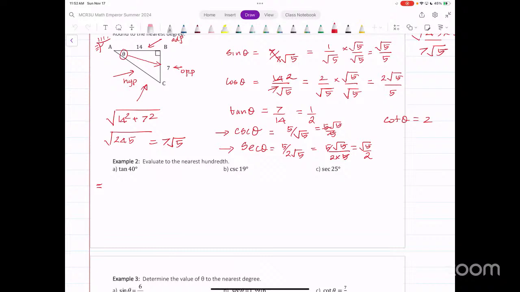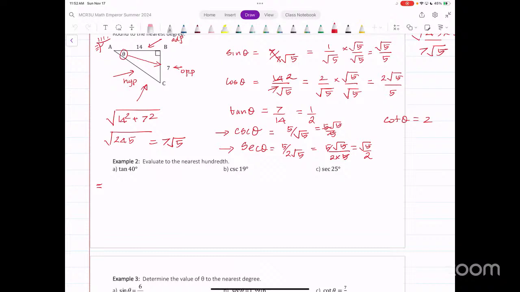Yeah. Now you need to press the tan. You need to press 40 and then tan because it doesn't work the other way around. You press the 40 and tan, and then you should be able to get the value. I think that's right. What? It's a negative value. Yeah, it's because the calculator is in the wrong mode. So do you see on the corner here on the calculator, there's a degree and radian.